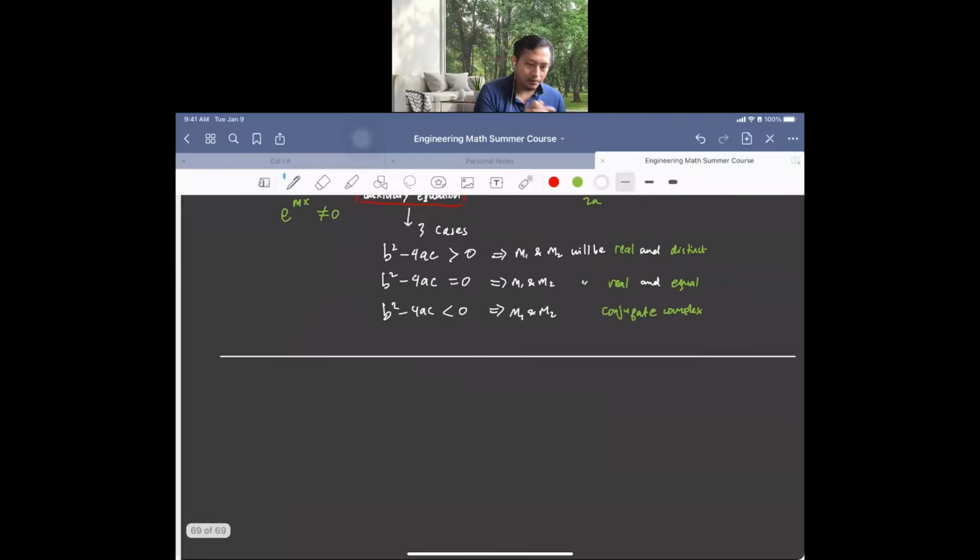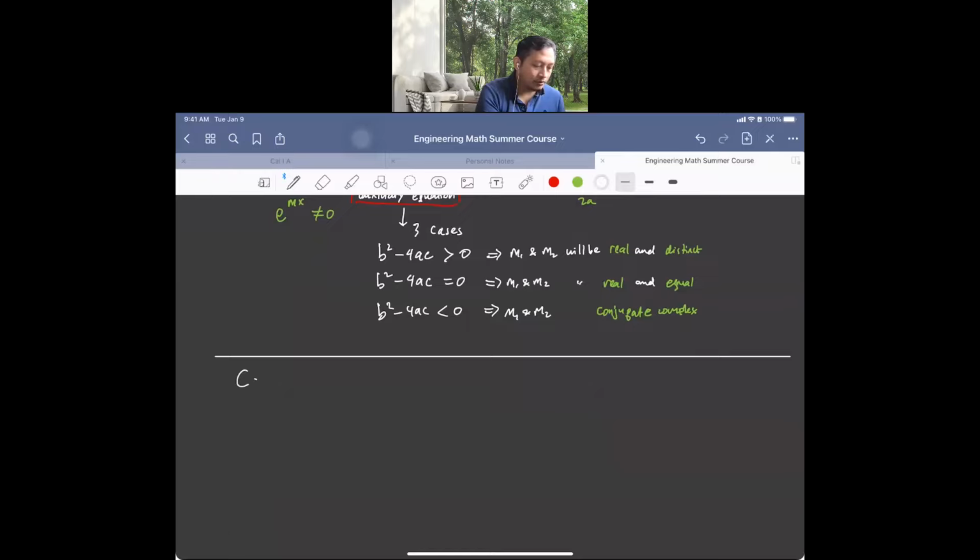Case one is very common, and I think you already have an idea in mind. We will find for case one that the two solutions will be y1 equals e to the m1x and y2 equals e to the m2x. I just write m1 and m2.